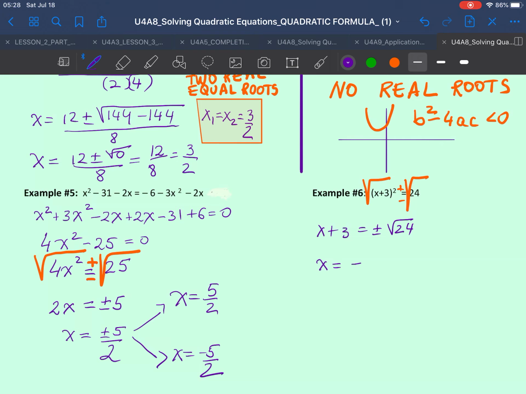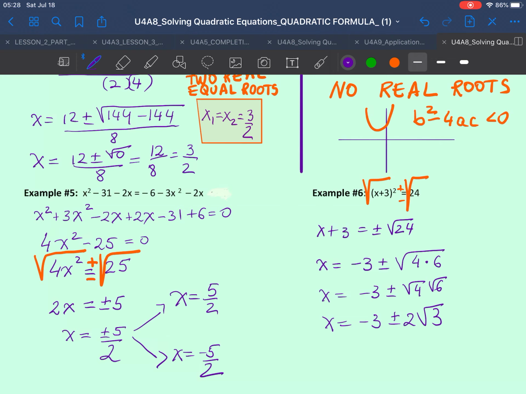So to isolate x, you just take 3 to the other side, plus or minus, and now I'm going to play a little bit with the number 24. I'm going to write it a bit differently as 4 times 6. And the reason why I want to do this is because I can square root 4 and square root 6 separately, and that will give me a more simplified answer, 2 root 6.